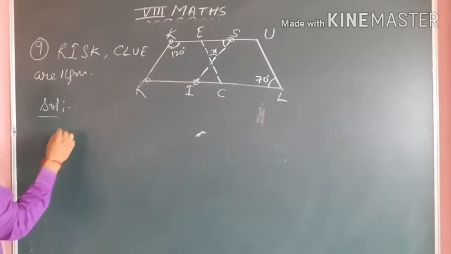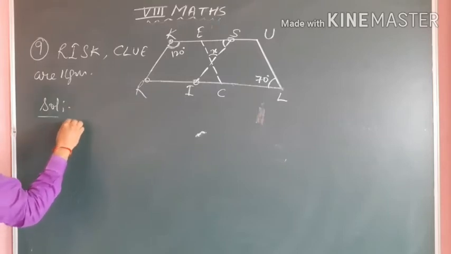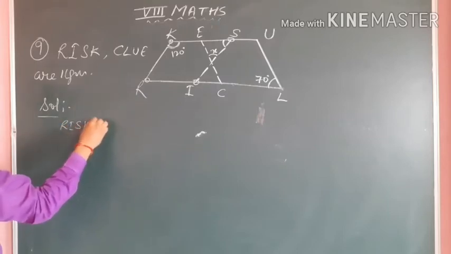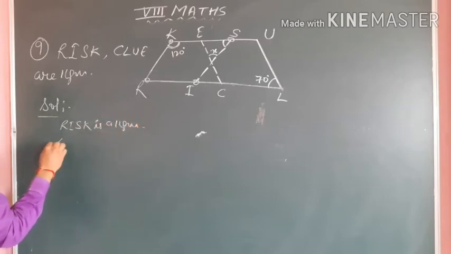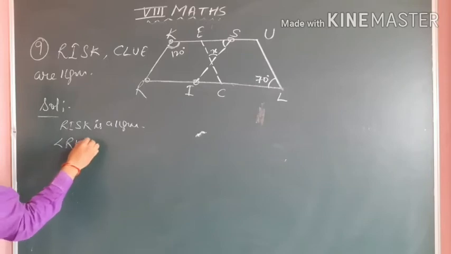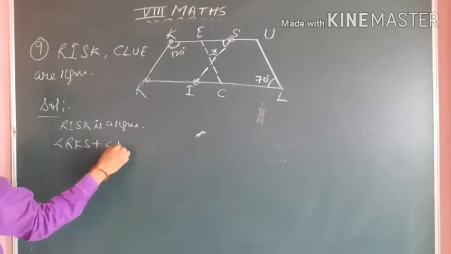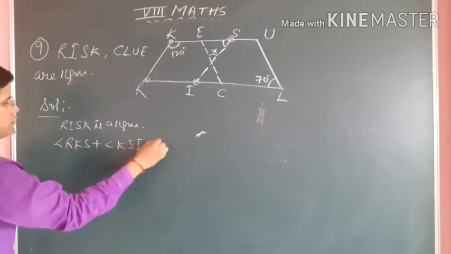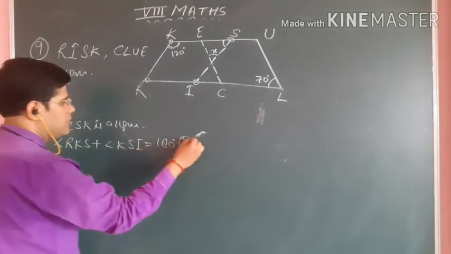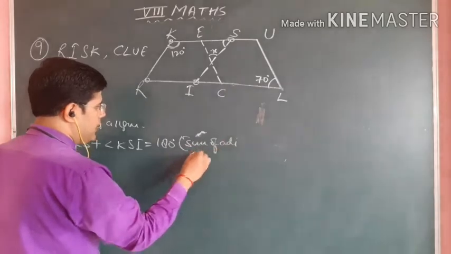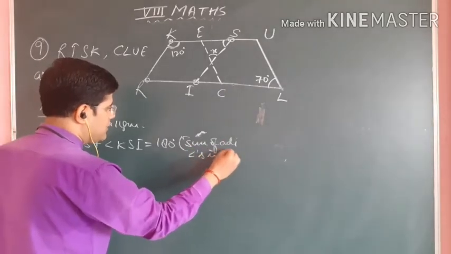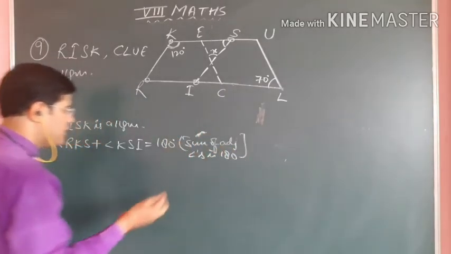Now, firstly, RISK is a parallelogram. So angle RSK plus angle KSI is equal to 180. Sum of adjacent angles is 180. Okay.